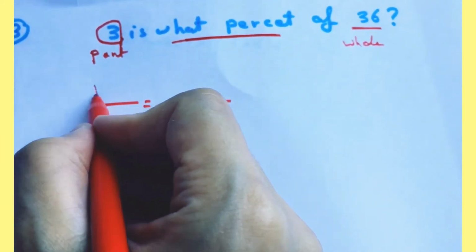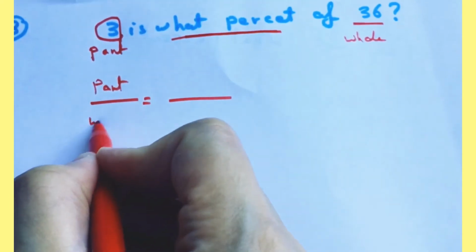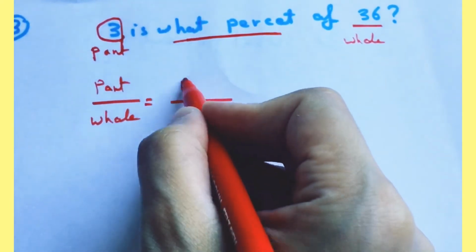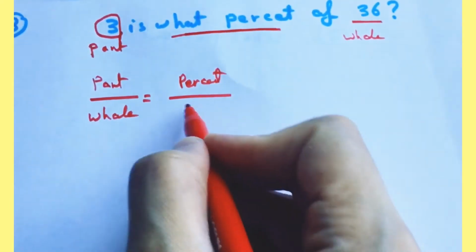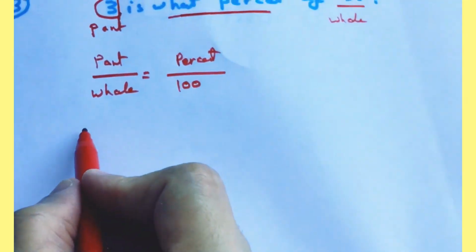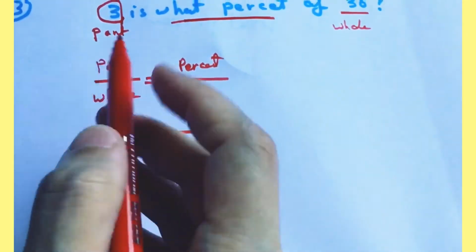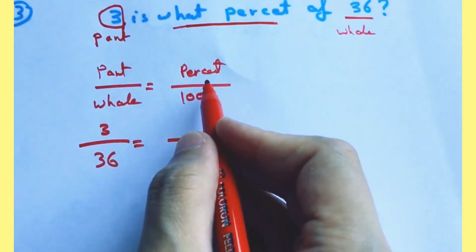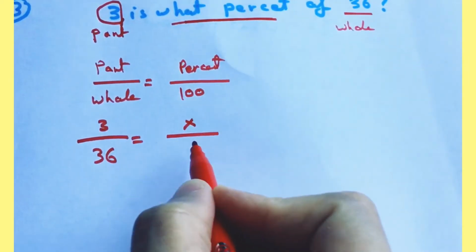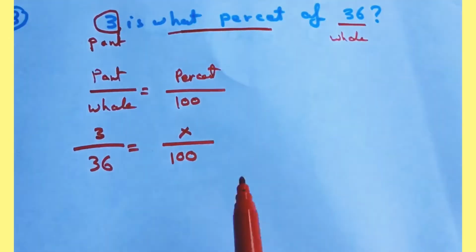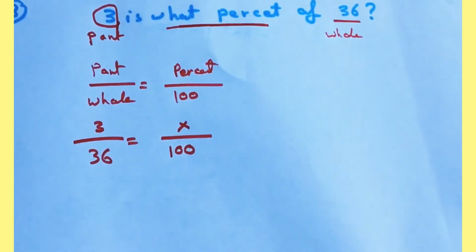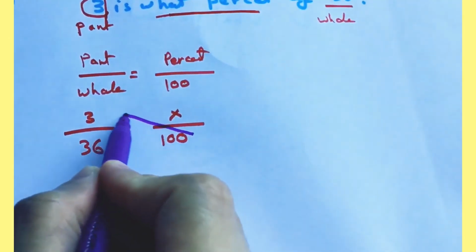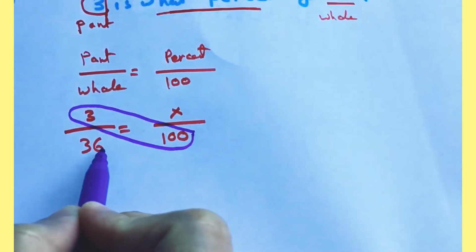So let's put the rule. Part over a whole equal percent over 100. What's the part? The part is 3, the whole is 36, and the percent we don't know, so I'll put X here and 100 down. Like the other questions, I'm going to multiply these two numbers together and divide by this number.